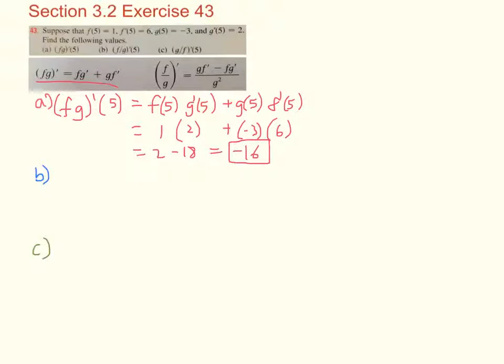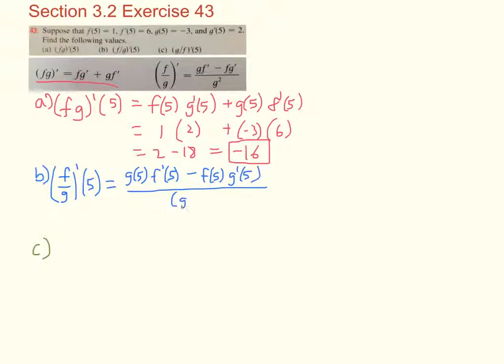Next we need to use our quotient rule. For this problem we're doing f over g. So it tells us that (f over g) prime, evaluated at 5, is going to be g of 5 f prime at 5, minus f of 5 g prime at 5, over the quantity g of 5 squared.